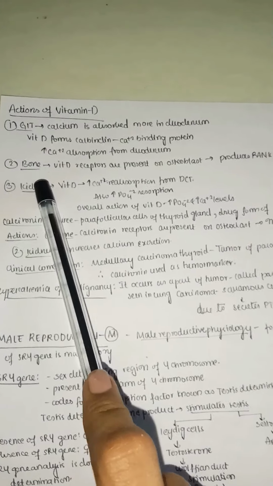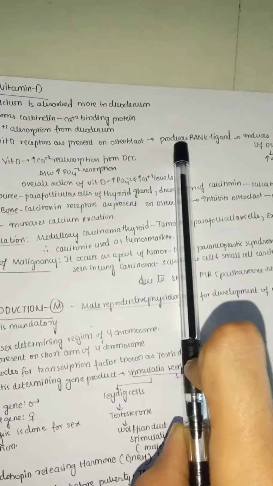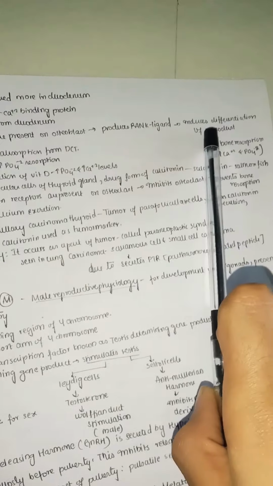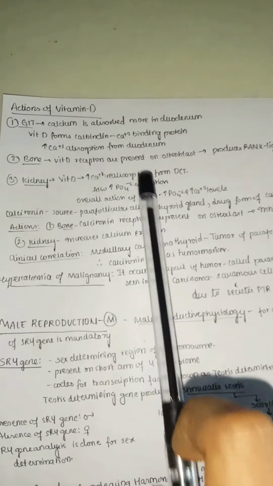And next, in the bone, vitamin D receptors are present on osteoblasts, which produce RANK ligand, induce differentiation of osteoclasts, and increase bone resorption, that is, increase calcium and phosphate in the blood. So this is the same as parathyroid hormone.